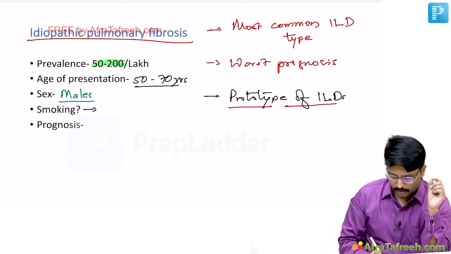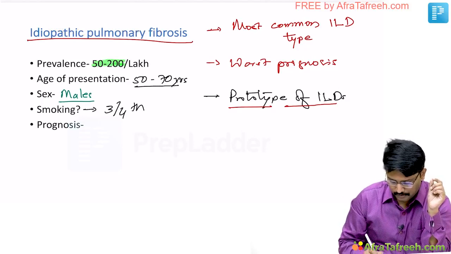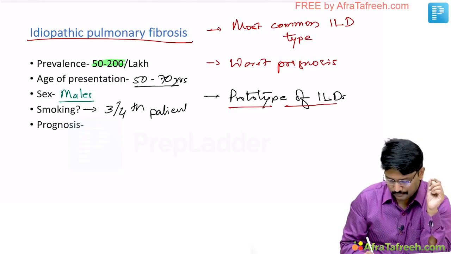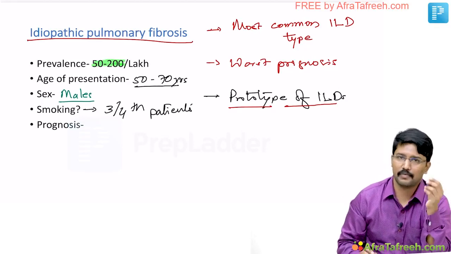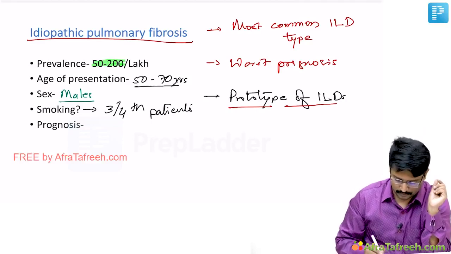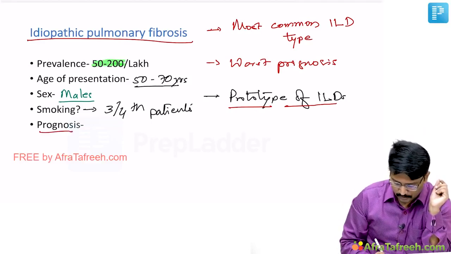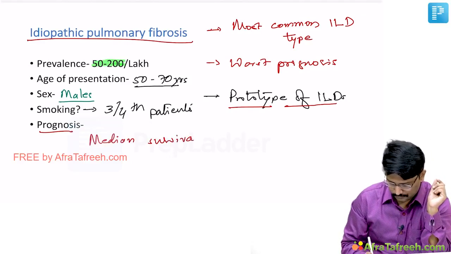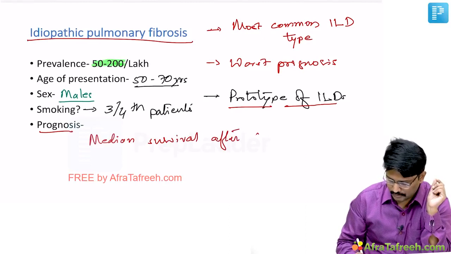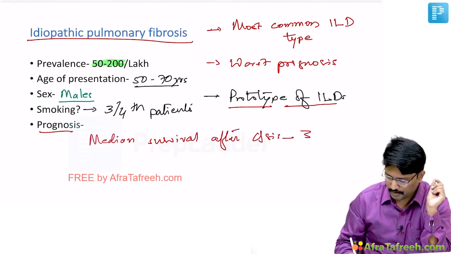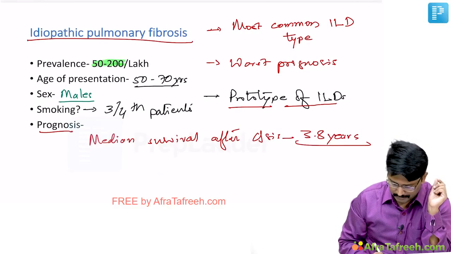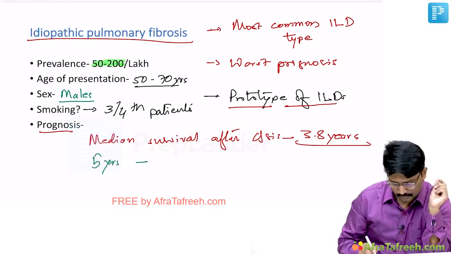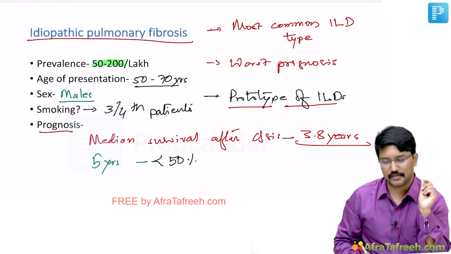Smoking history: almost three-fourths of patients who are diagnosed with IPF have a history of smoking. And when it comes to prognosis, the median survival after diagnosis is merely 3.8 years, and 5-year survival from most reported studies is less than 50%.